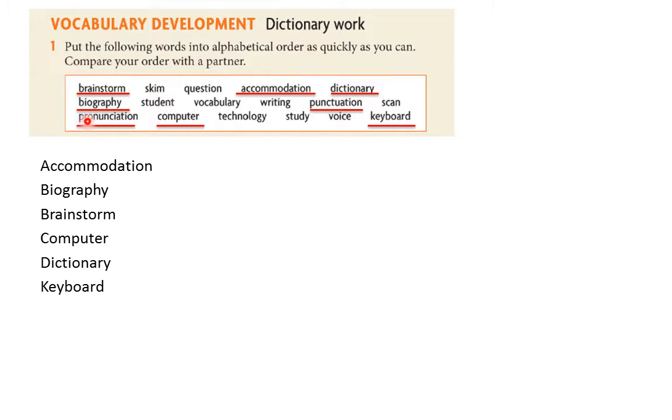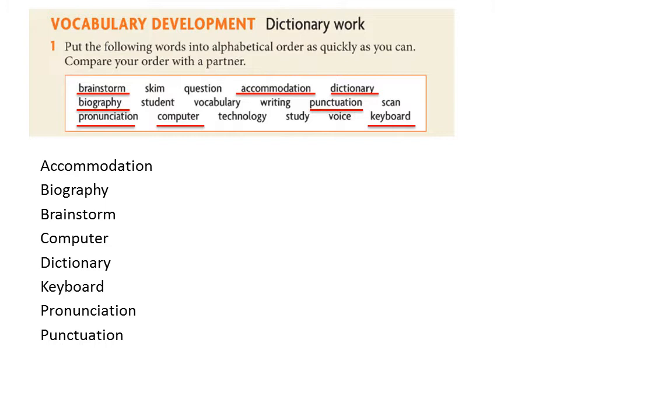Yes, R is sorted before U. So pronunciation should become the 7th word and punctuation will be the 8th. Let's go to the other words.